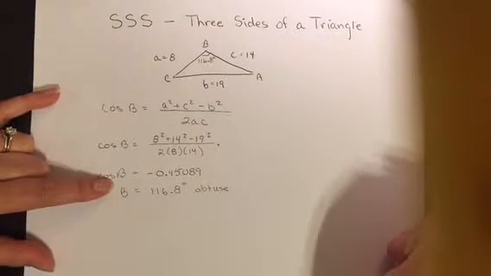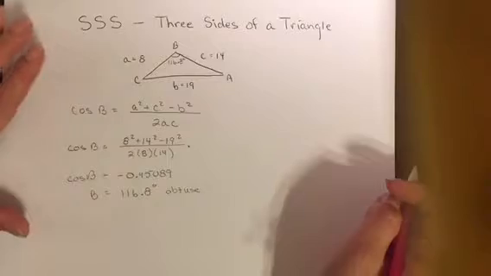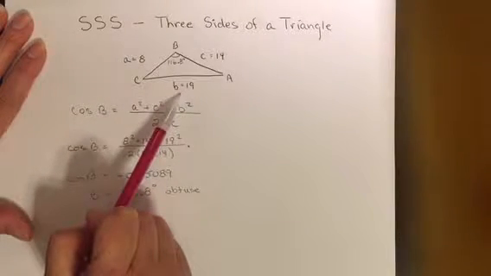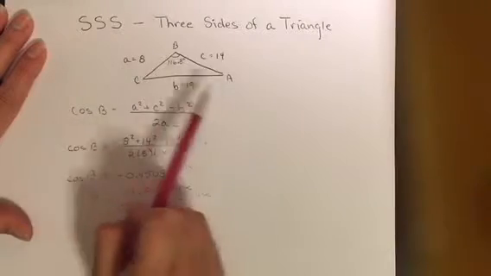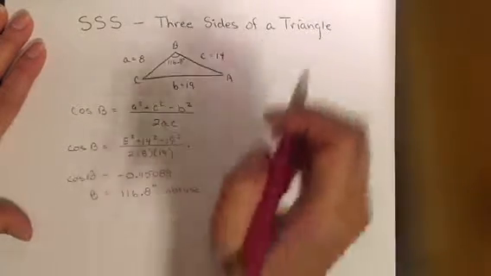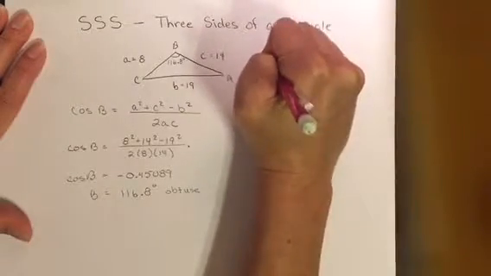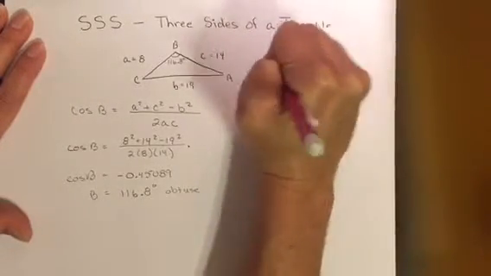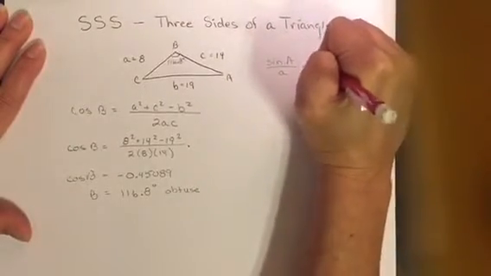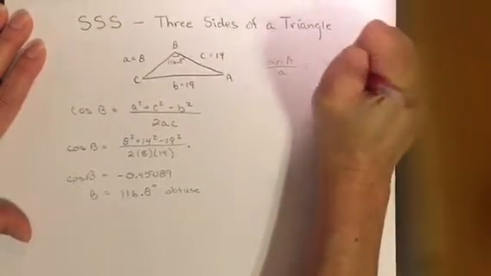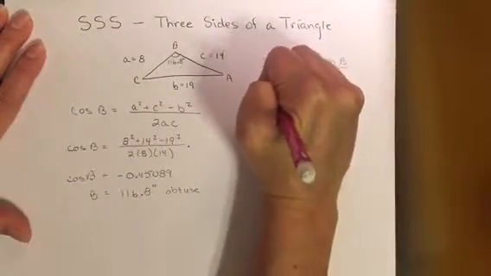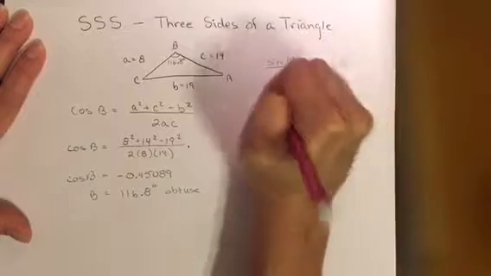Now it's actually easiest to use the law of sines. If you look, I've got angle B and side B. And I've got side A, so now I can find angle A. I'll do that over here. Sine A over A equals sine B over B. Fill in my values. I don't know what sine A is.